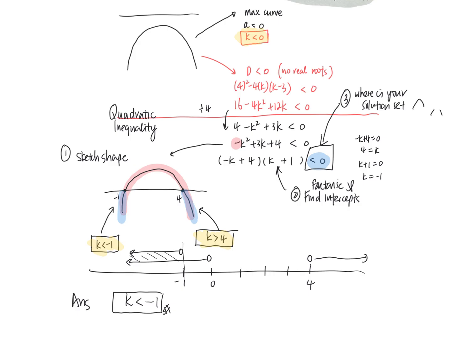So this is basically a full question you can see for chapter 2. They will mix nature of roots, which is your discriminant, with the quadratic inequality solving. So this is the nature of roots part.